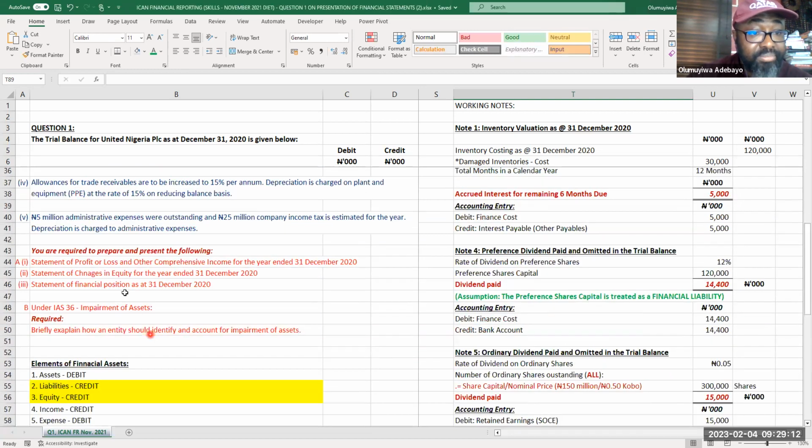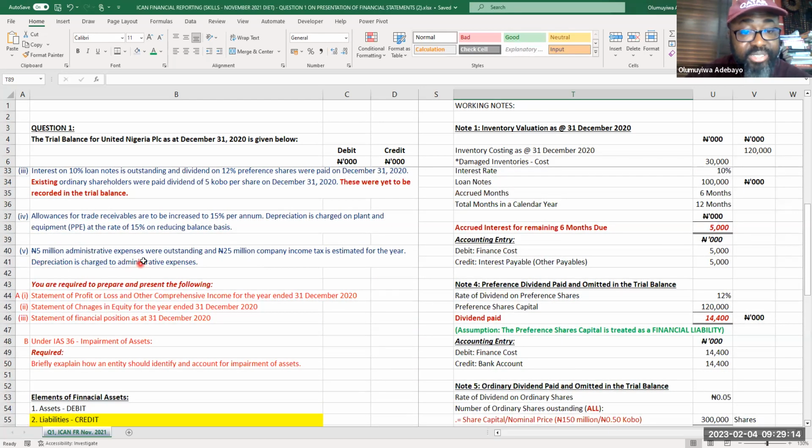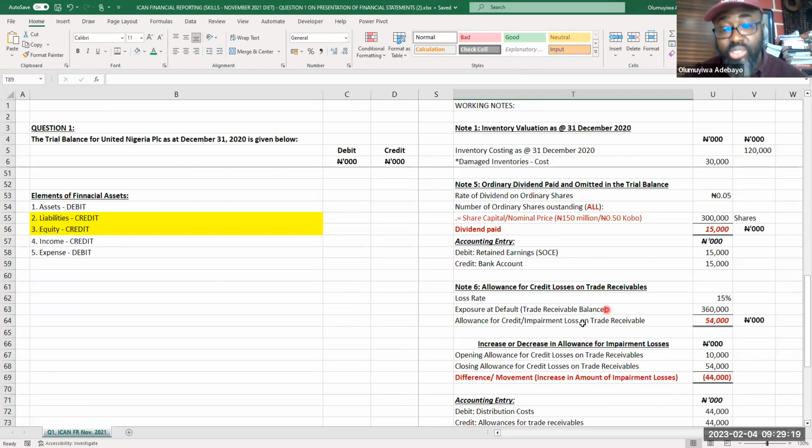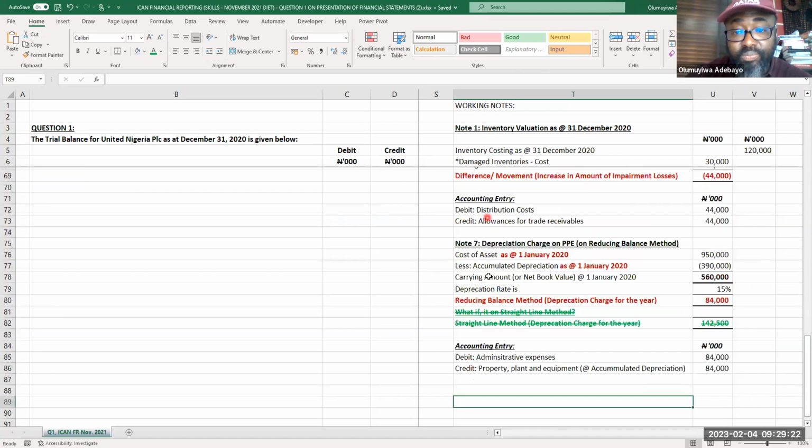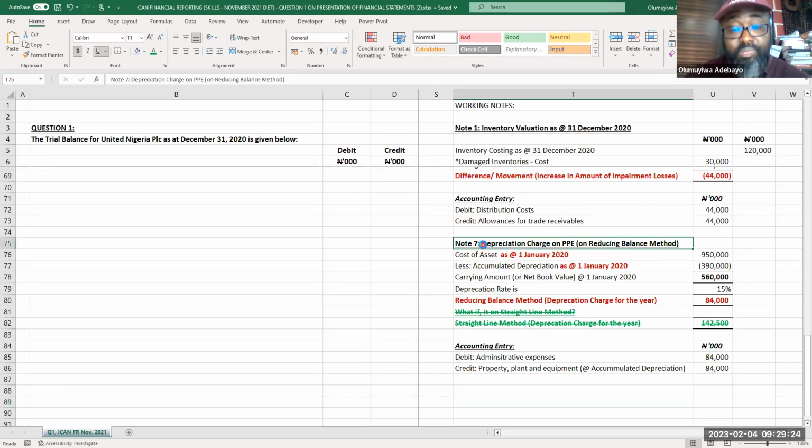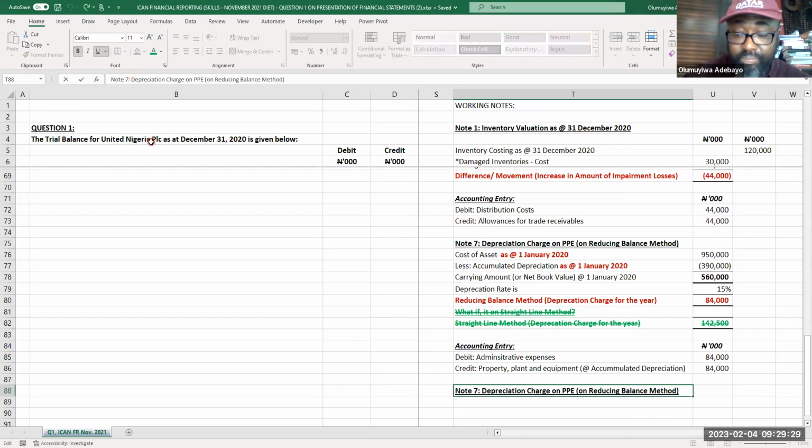What other information? 5 million administrative expenses were outstanding. That means there is 5 million administrative expenses that were also accrued, which means I'll come to note 8. Accrued portion of administrative expenses. I cannot consider it as other expenses.